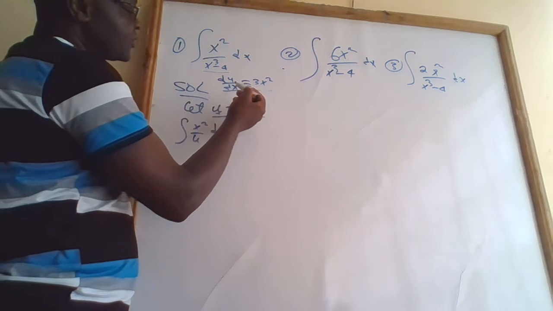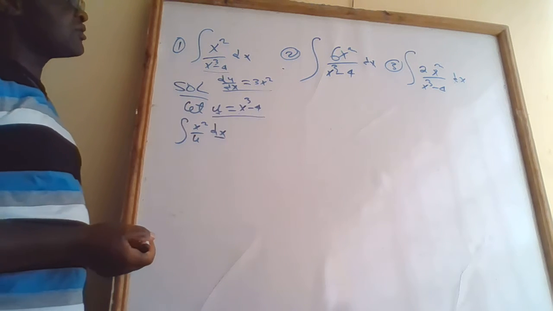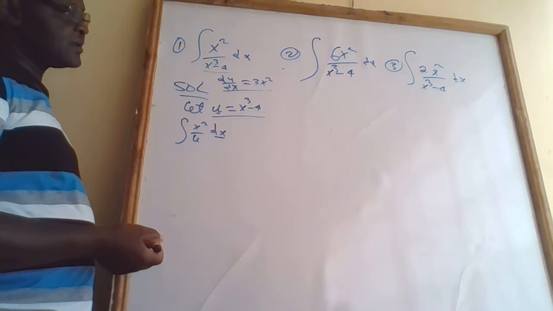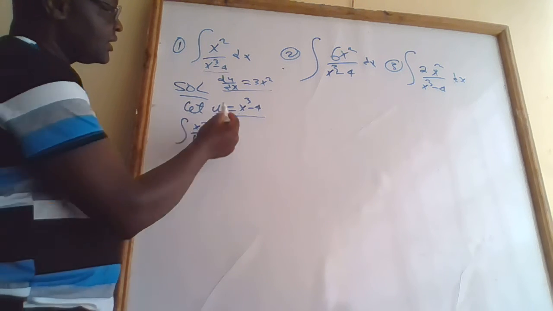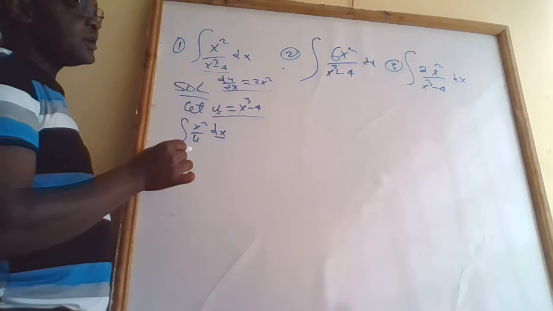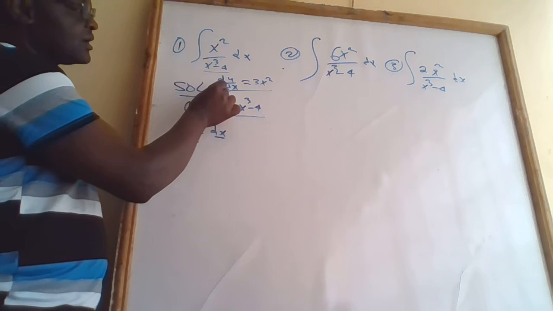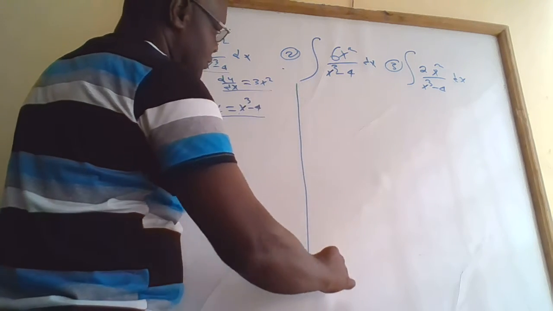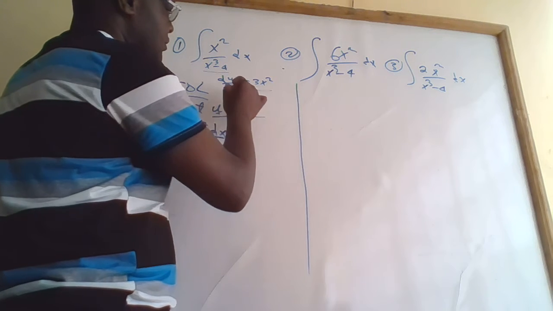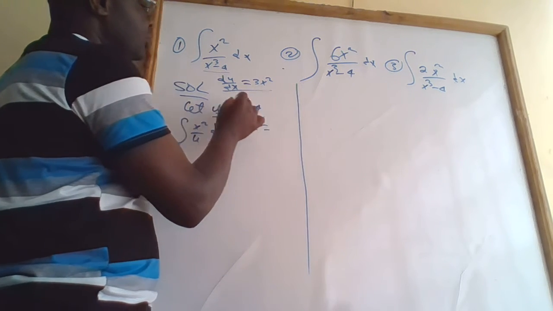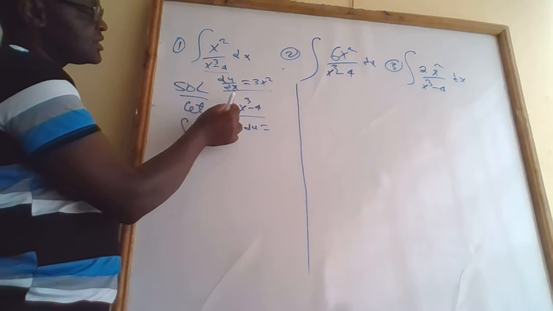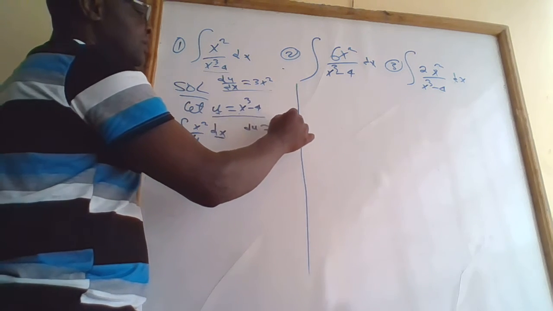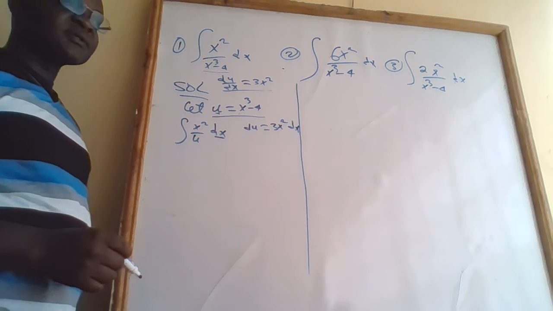Therefore, when you get the derivative of this equation, we have du dx equals 3x squared. Now, from here we can rewrite this equation as: we multiply both sides by dx, therefore du equals 3x squared dx.